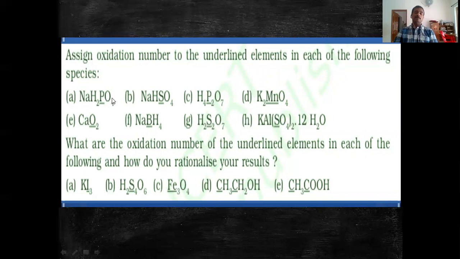Oxygen 4 into -2, -8, plus 2 into +1, 2, -8 plus 2, -6, plus sodium +1, -5. So -5 is remaining. To neutralize that -5 charge, only phosphorus is present here. So what is the oxidation state of phosphorus? +5.